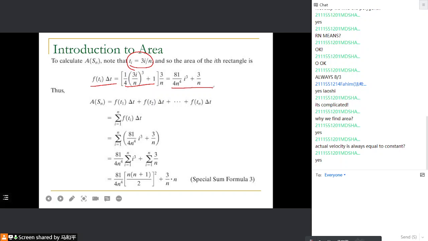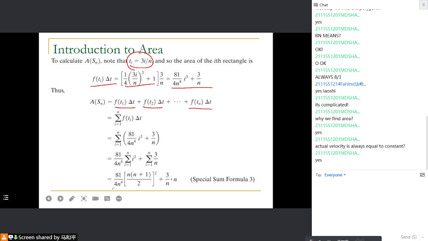And we calculate the area S_n as f(t_1) delta t plus f(t_2) delta t plus up to f(t_n) delta t, the sum from i = 1 to n, with 3 over n.